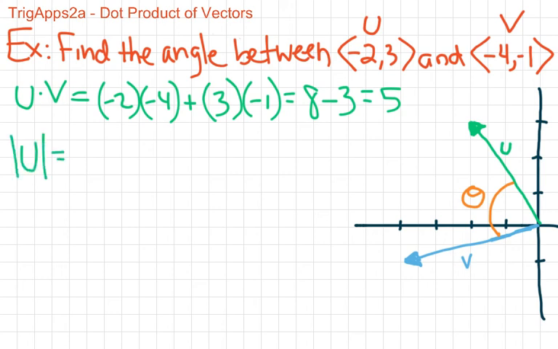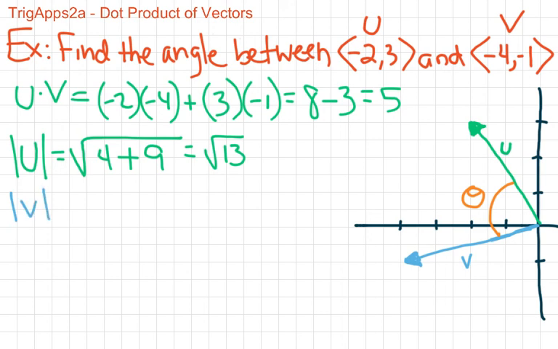And then magnitude of u, square root of the two components squared, so 4 plus 9 equals square root of 13. Magnitude of v, square root of the components squared, so 16 plus 1, square root of 17.